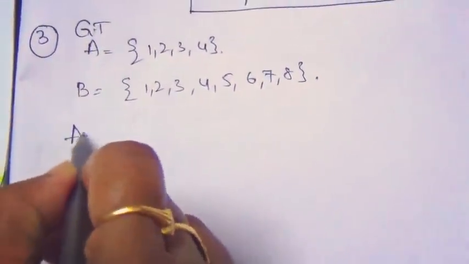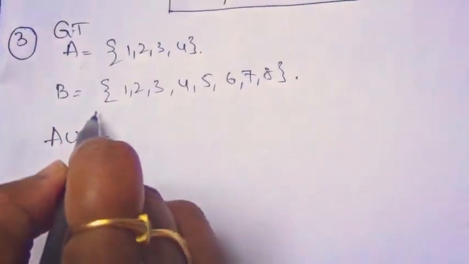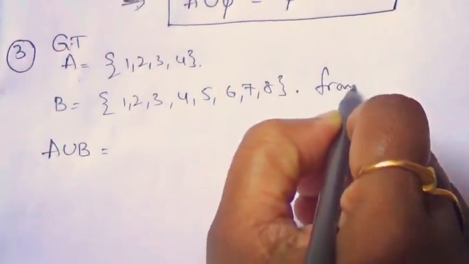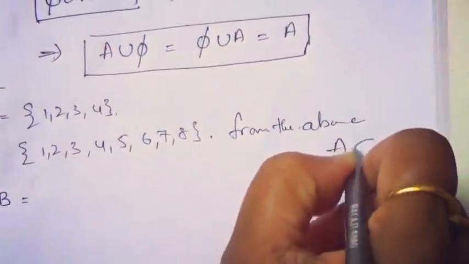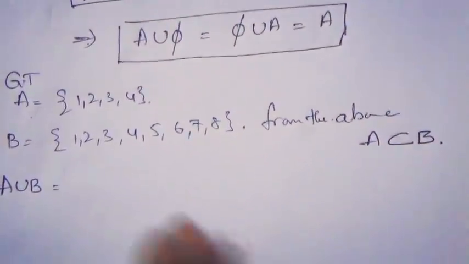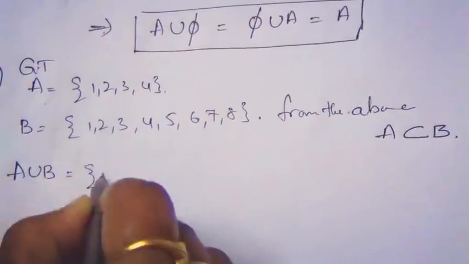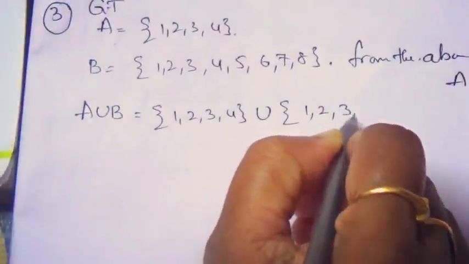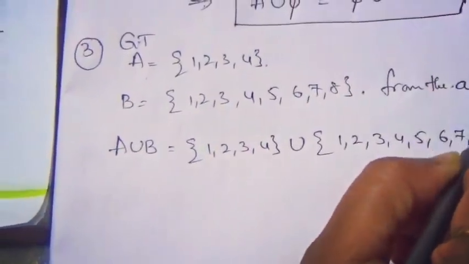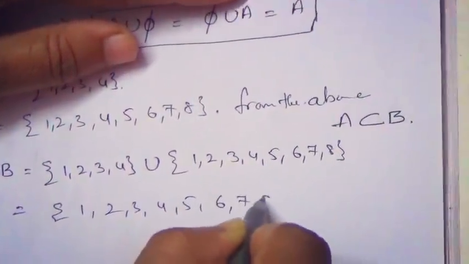So first, A union B. Just have a look: A is a subset of B, right? From the above, A is a subset of B. All the elements of A belong to B. So for A union B, you have to write all the elements: 1, 2, 3, 4, 5, 6, 7, 8.